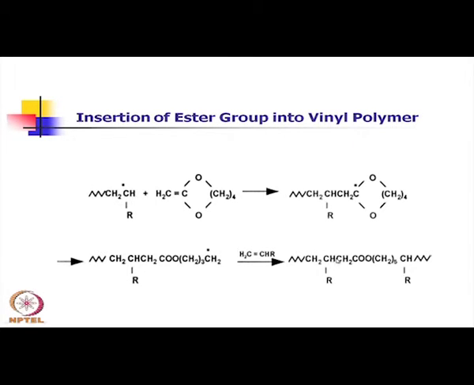Now, that has been converted to a carbon chain with some oxygen atom and a carbonyl group, the ester group on the backbone chain. So, COO has been inserted in the backbone chain. So, that vinyl polymer will be degradable by this process if it is modified.